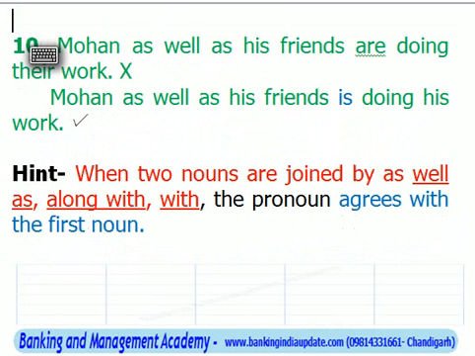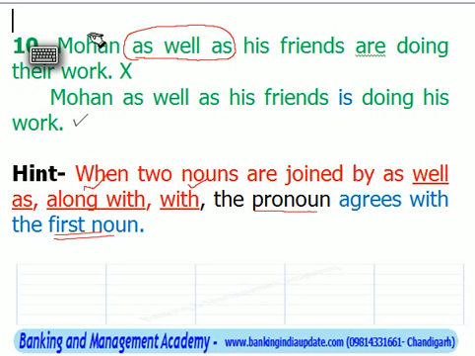Moving on to the next sentence. Mohan as well as his friends are doing their work. Here we have to understand that whenever two nouns are joined by as well as, along with, or with, the pronoun agrees only with the first noun.